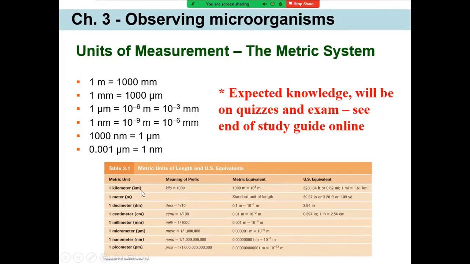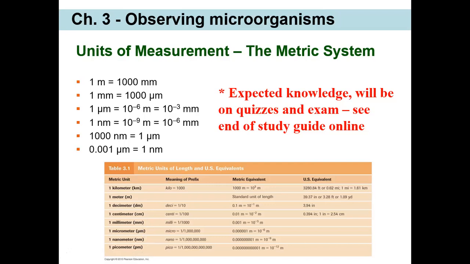So you should know a kilometer, and then obviously the basic unit, a meter. You should know a centimeter. You don't really need to know a decimeter. You should know a millimeter. You should know a micrometer. And probably you should know a nanometer. The nanometer is the size of a unit we measure when we're using an electron microscope. That's why you should know a nanometer.